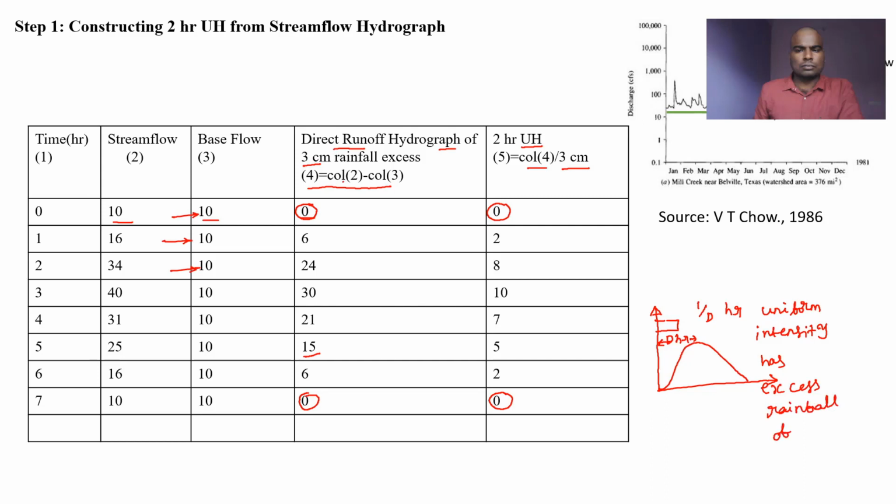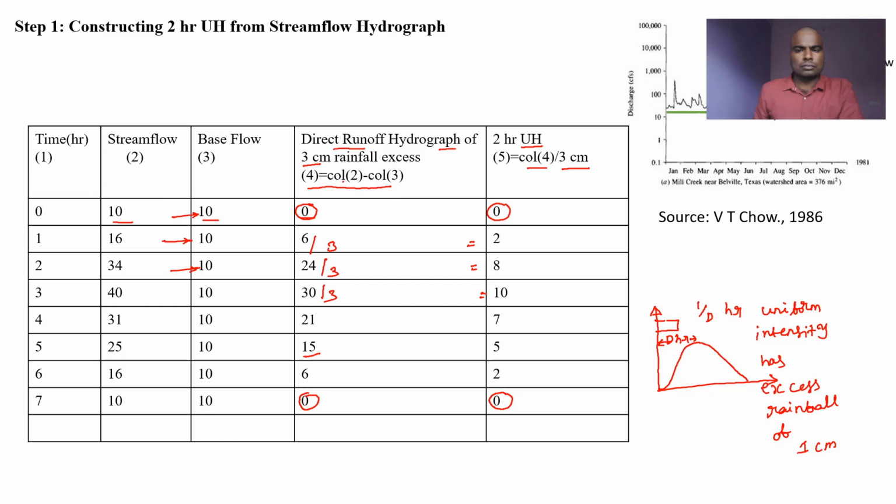Please pardon me if my writing is very bad. So this particular unit hydrograph resulted from the excess rainfall of 1 centimeter with a uniform intensity of 1 by D hour. To make it 1 centimeter excess rainfall, we need to divide column 4 by 3 centimeter. So 6 by 3 will be 2, 24 by 3 will be 8, 30 by 3 will be 10.